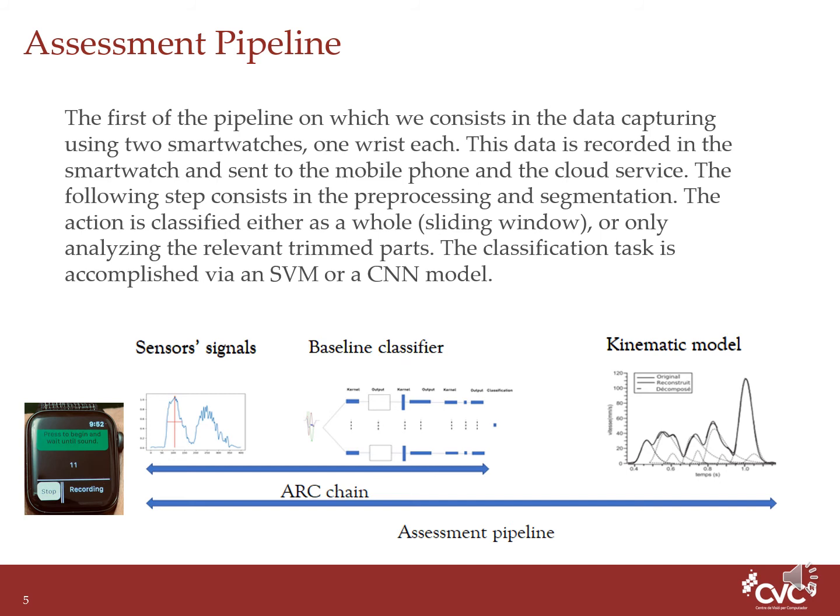First, the signals are captured by a sensor, which is in our case an Apple Watch in each hand. The signals are being processed entirely, or only a part of the action is being processed, through a baseline classifier, which is an SVM or a CNN architecture.